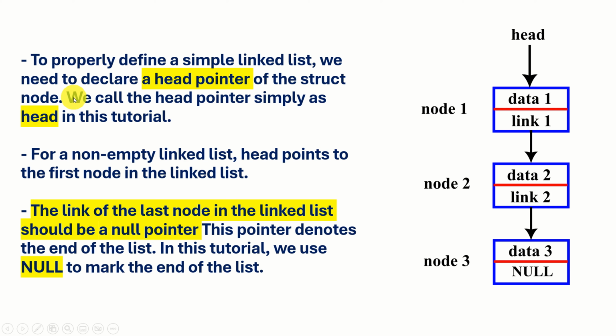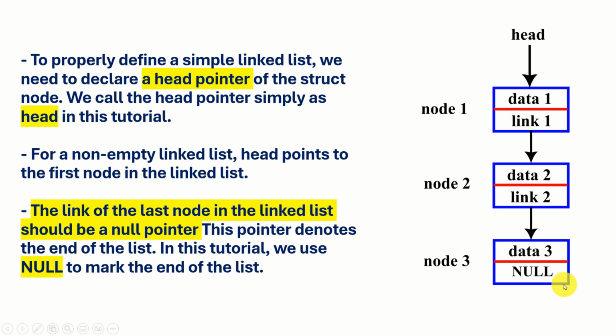To properly define a simple linked list, we need to declare a head pointer of the struct node type. We call the head pointer simply head in this tutorial. Over here you can see one example of a linked list. Here's our head pointer, or simply head. Head points to the first node in the linked list. Now, the link of the last node in the linked list should be a null pointer.